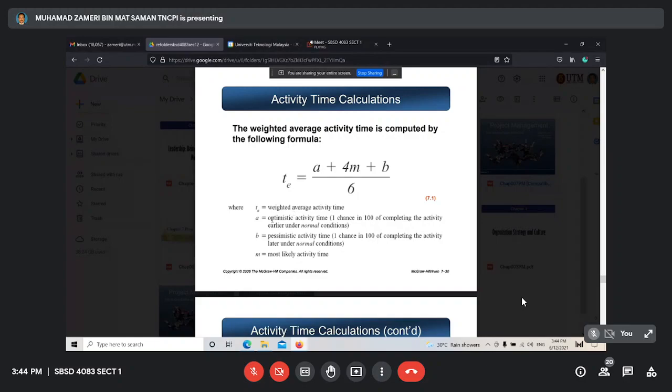TE is the average. A is the optimistic time, the minimum time. B is the pessimistic time, the maximum time. M is the most likely. In CPM, we only put one value, that's M. But if we put only M, it is very risky: by hook or by crook, we need to complete on time.